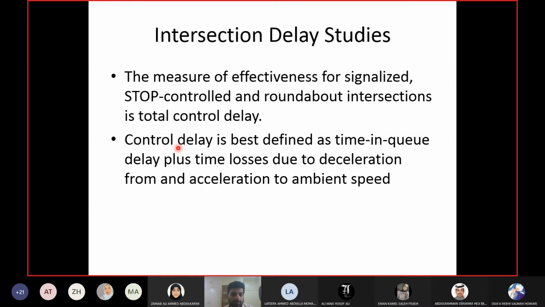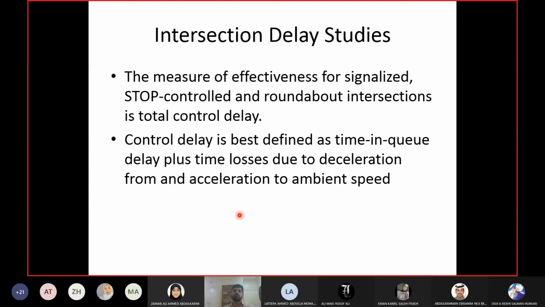You will not travel at 10 or 20 kilometers per hour for the rest of the road section, right? You will increase your speed. The time you spend in acceleration is also part of control delay, because acceleration would not have been required if there was no control device. If there was no queue, you would not have decelerated or stopped, and you would not have accelerated as well.